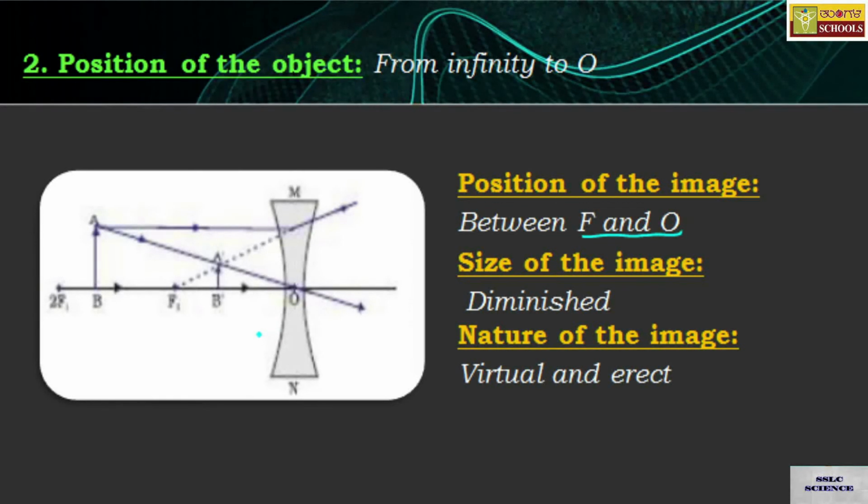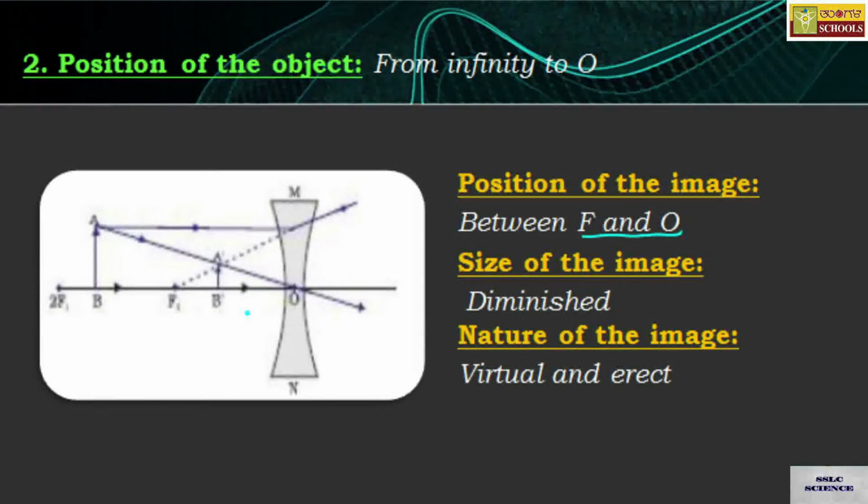But from that position to the optic center, say beyond 2f1, at 2f1, between 2f1 and f1, at f1, between f and o, wherever you place the object, you will get the image between F and O only in case of concave lens.